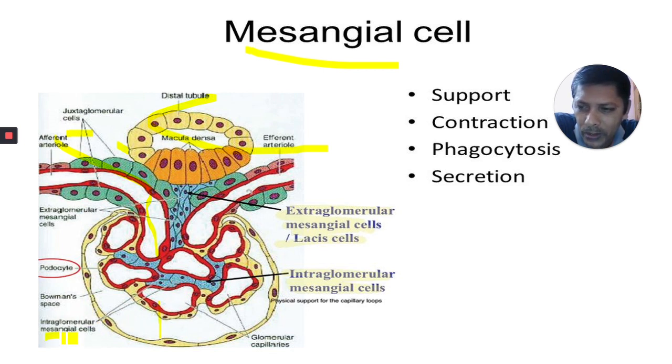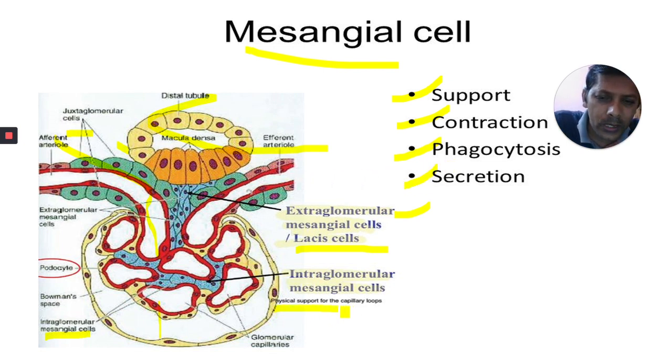These are called intraglomerular mesangial cells, and some are present outside. These are called extraglomerular mesangial cells, otherwise called Lacis cells. They help in contraction, they also perform phagocytosis, and they also help in secretion. They give physical support to the capillary lobes.